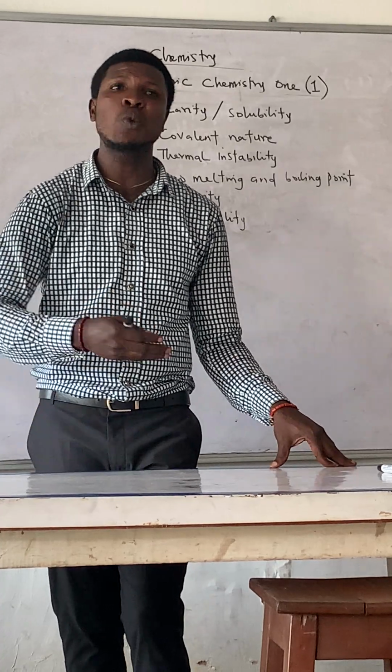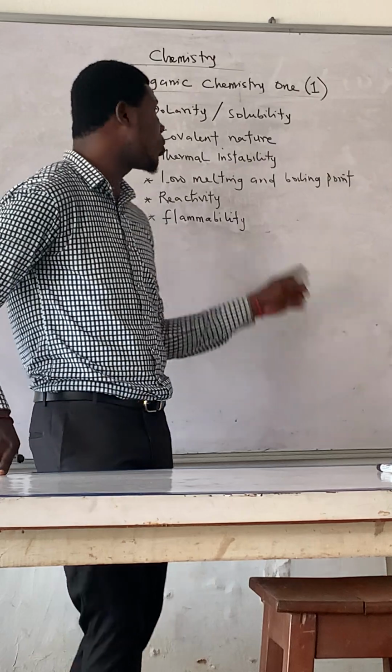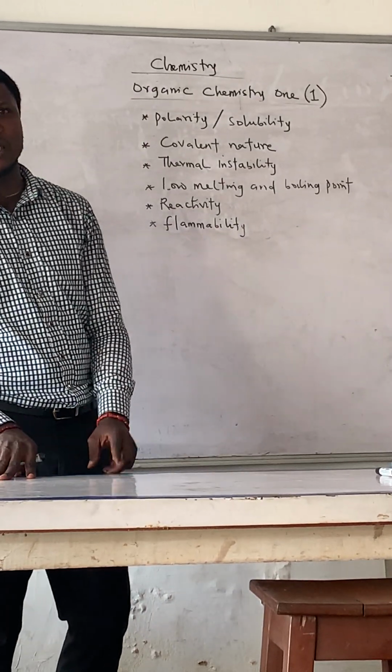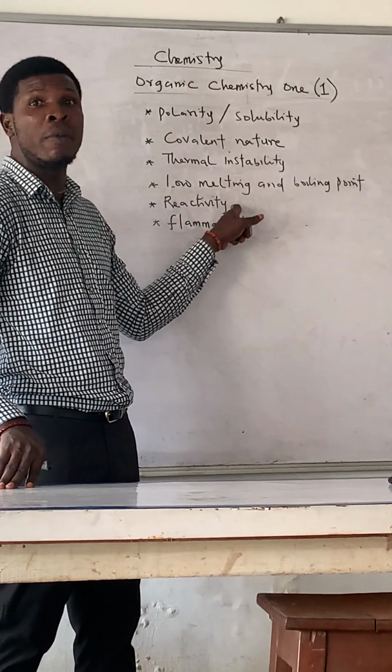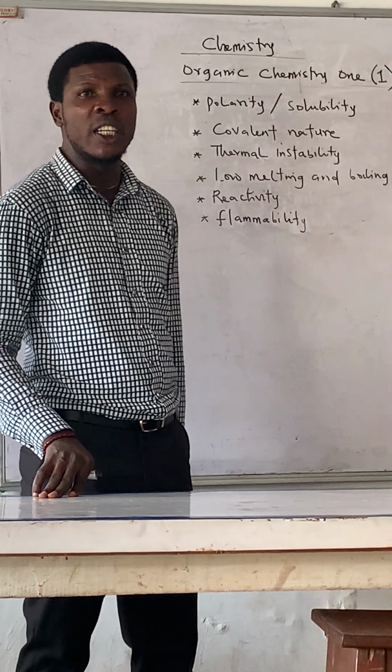Why? Because catalysts help us to speed up the rate of reactions. So when a reaction becomes too slow, the only thing we can use to speed it up is a catalyst. What are we trying to say? Most reactions involving organic compounds are very slow, so to speed up the rate of reactions, a catalyst must be applied.